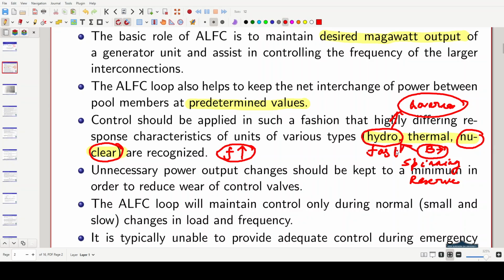But in case of nuclear power plants, we generally want that the load on the nuclear power plant should always remain constant. So here the stability is not with respect to the power system. Here the stability is with respect to the nuclear power plant itself. Because if you try too much to change a nuclear power plant, then the chain reaction can go out of control.